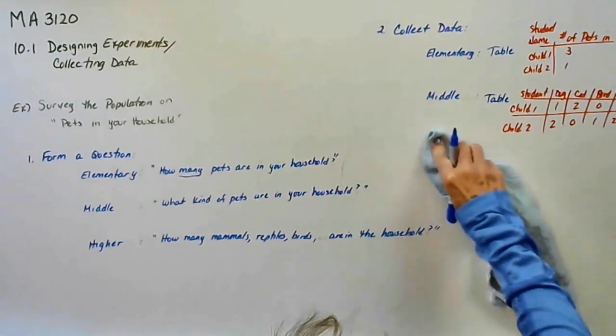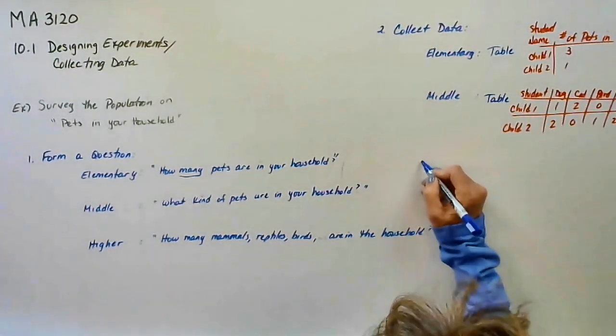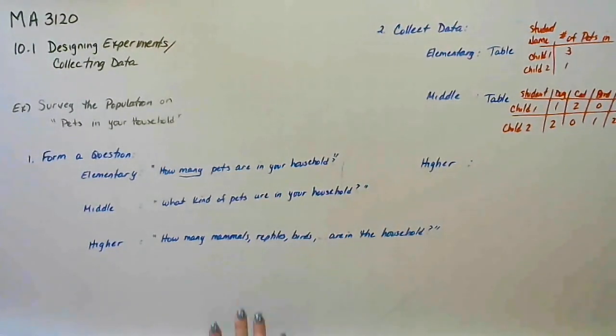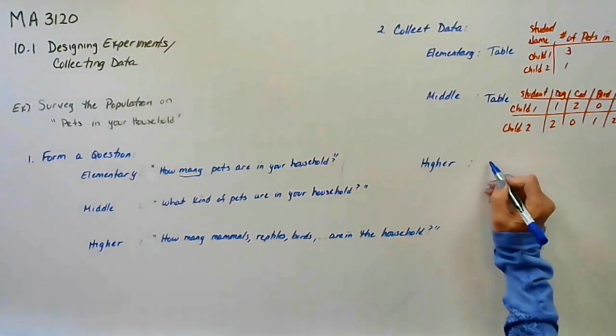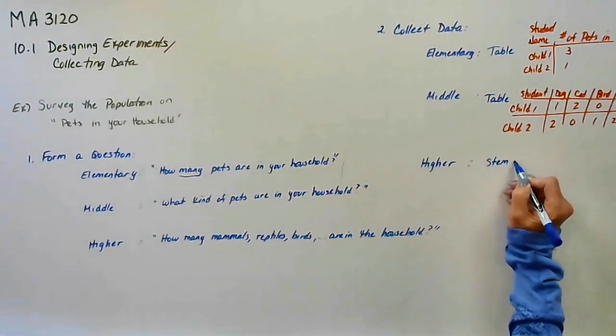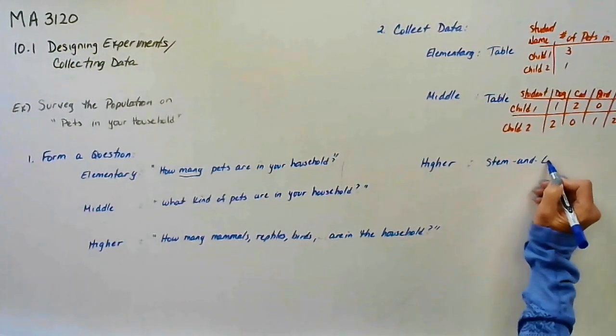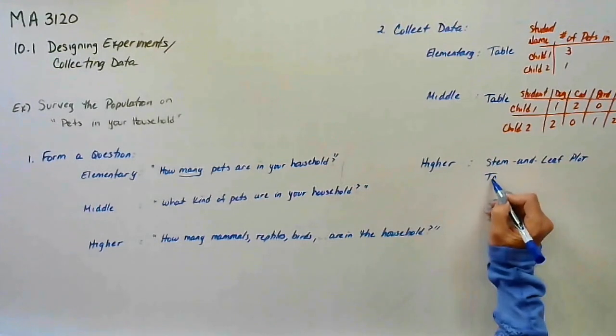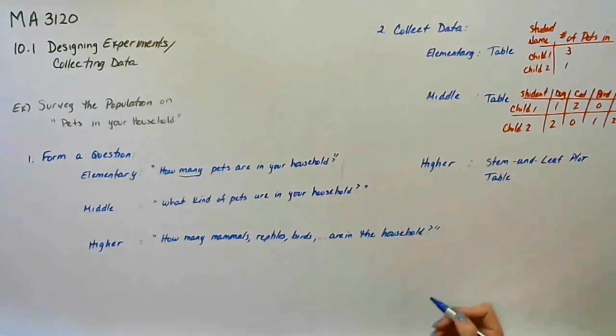And then the higher grades, and remember we talked about how would you classify them. So the higher grade, they might go, well, I'm going to go to a stem and leaf plot. Or they're going to do a table, and maybe it's a double or triple bar graph.